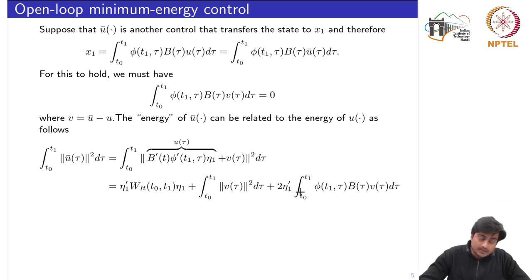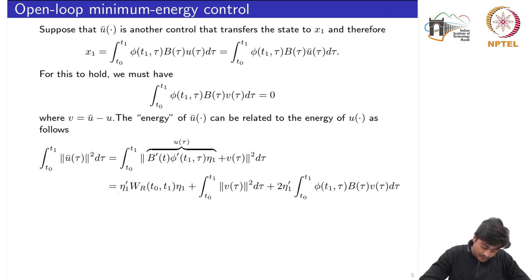By keeping the vector notations in mind, norm u square can be represented by u transpose into u, and u transpose into u would be eta 1 transpose phi B, B transpose phi transpose eta 1.